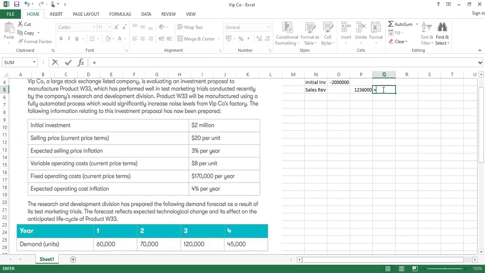For year 2, price is the same 20, but units are rising: 70,000 into 1.03 raised to power 2. Third one is 20 into 120,000 into 1.03 raised to power 3. Fourth one is 20 into 45,000 into 1.03 raised to power 4.